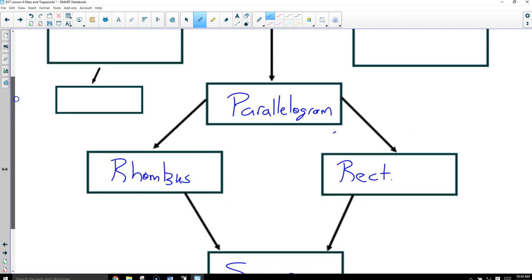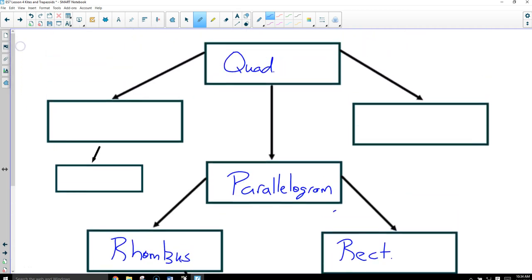So now we're ready to add in our 3 new shapes. We had a kite, we had a trapezoid, and I had an isosceles trapezoid.